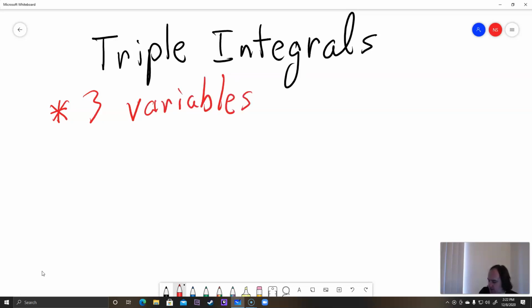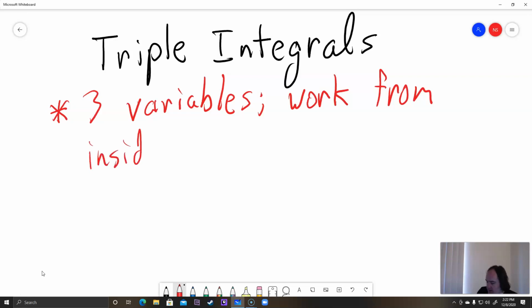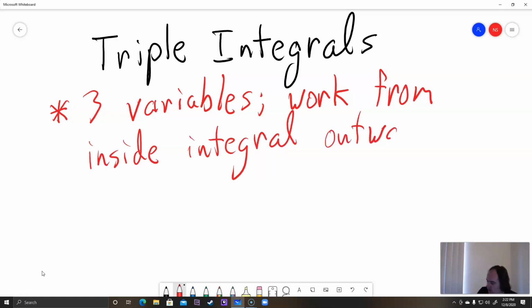And just like with double integrals, you want to work from the inside outward, so you want to do the inside integrals first. In other words, do the innermost integral first.